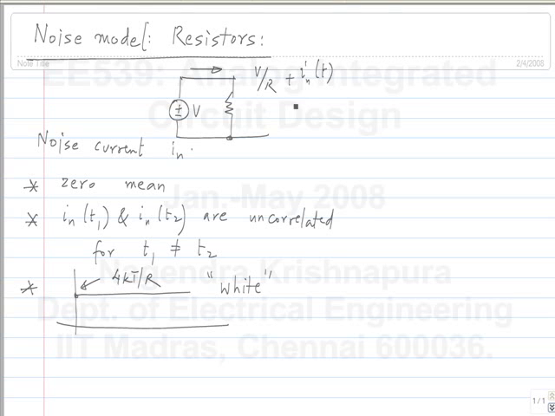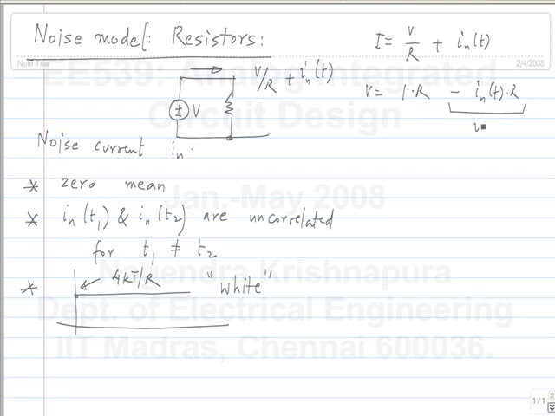And equivalently, the same thing can be represented as, so if I is V by R plus In, if you force a current into a resistor, you get I times R plus some voltage.